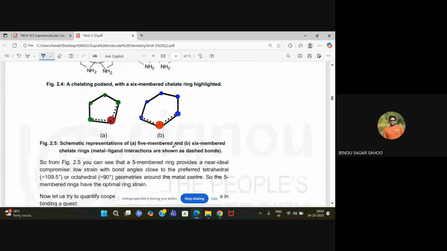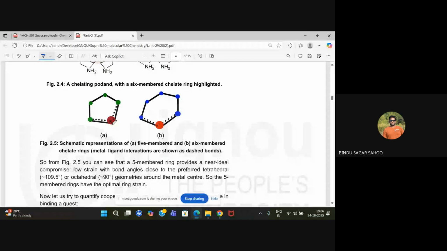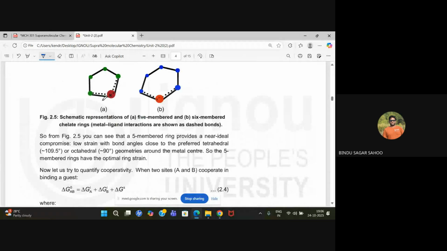So this is the representation of a 5-member ring. This is the representation of a 6-member chelate ring. That means, particularly in organic compounds or simple non-cyclic chains, if they form a covalent bond, the general or optimal angle will be 109.5 degrees.